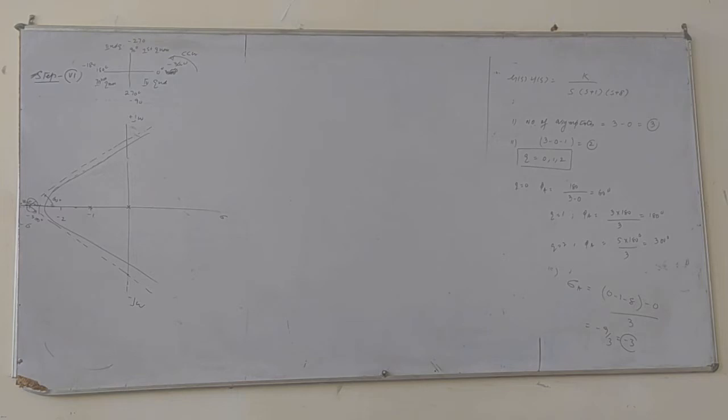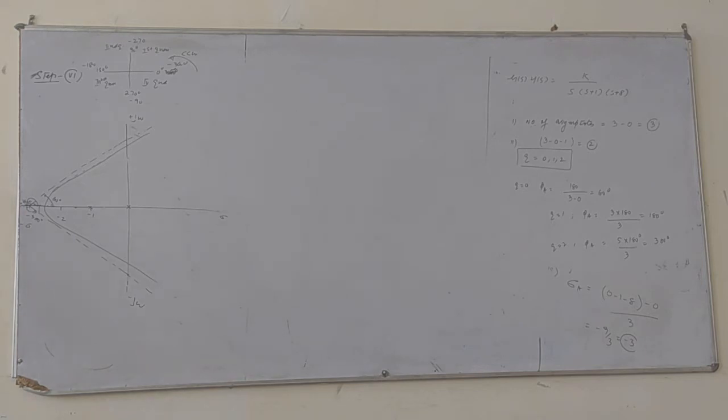From your point of view, you are right, but definitely when the breakaway point is there, there will be one more pole or zero. Is it clear to you? I have just drawn the root locus for the sake of reference, to show how we are going to draw the curve.